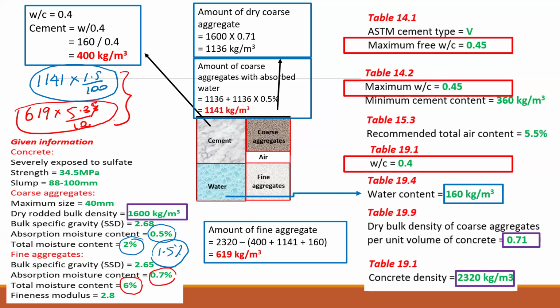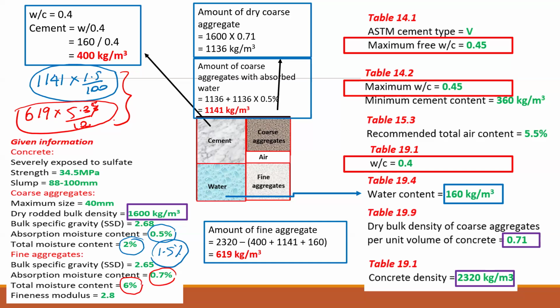So the fine aggregates, it's 32.8. Okay. 17 point something, isn't it? And then you get the other one, 72.